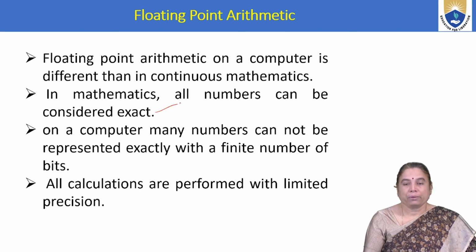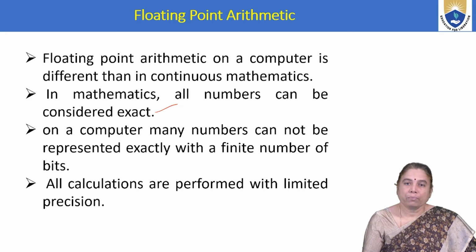On a computer, many numbers cannot be represented exactly with a finite number of bits, so all calculations are performed with limited precision. That is why floating point arithmetic is complex, and a few algorithms are used for the floating point operations of addition, subtraction, multiplication and division.